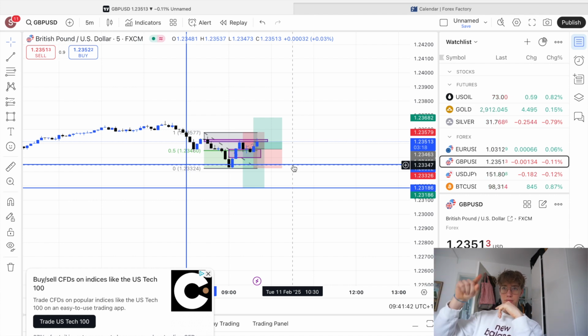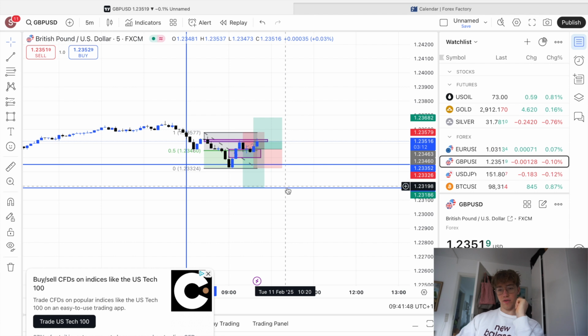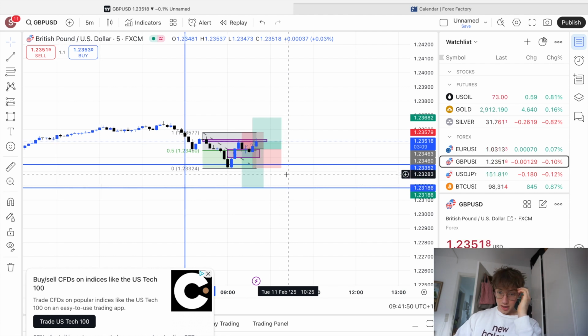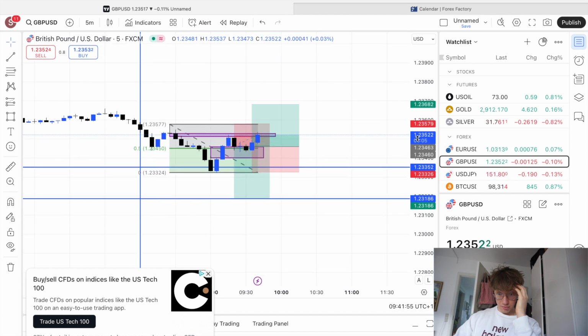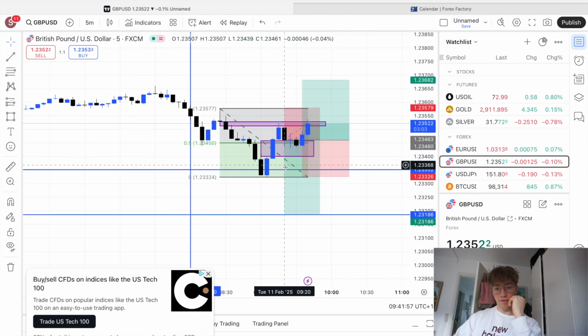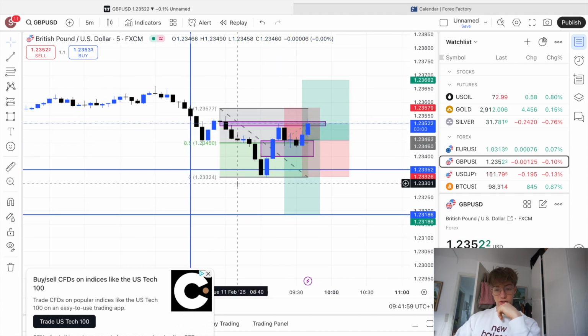I was thinking we took out liquidity, saw a little bit of a breakup or retracement, and then followed down to this line. But I've just come to the conclusion that my daily bias was wrong, and instead of taking this short, I should actually consider this my order block.